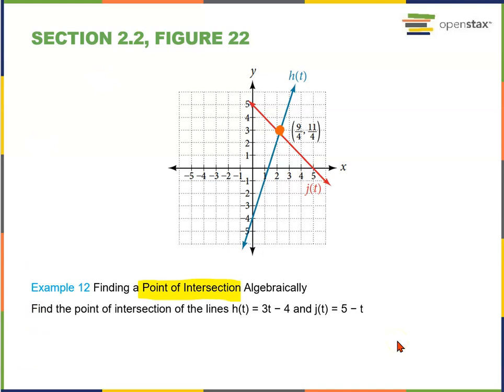So the graphs of two lines, the red and the blue, will intersect at a single point if they are not parallel, like this. And this point, the coordinates are 9/4 and 11/4.